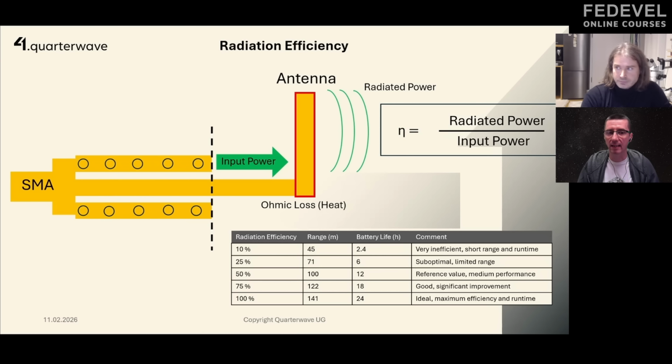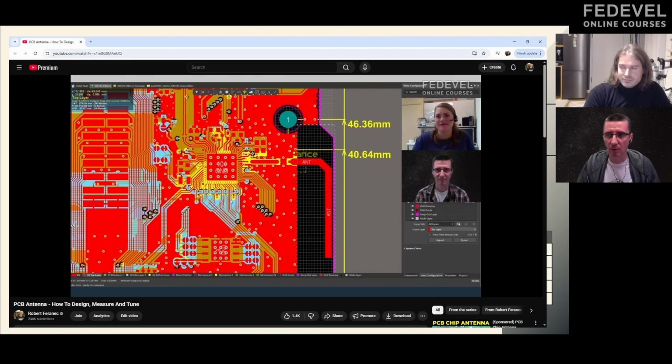I would like to highlight here, some time ago I made a video when we were also measuring and fine-tuning the impedance of the antenna, and we were talking about exactly this, because if the product is placed into an enclosure, for example, then suddenly the environment will change, and it's going to influence the impedance and all these kinds of things.